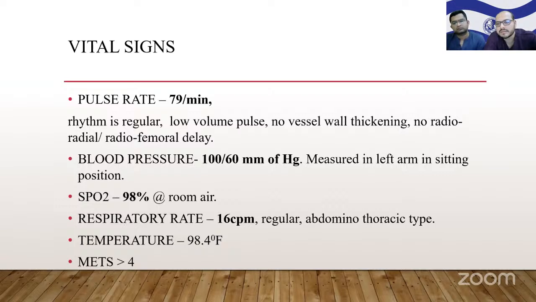At night they'll be awake, sir, and in the daytime there will be excessive sleepiness. Okay, fine. The circadian rhythm is disturbed. Okay, good. Next. Go to the next slide.